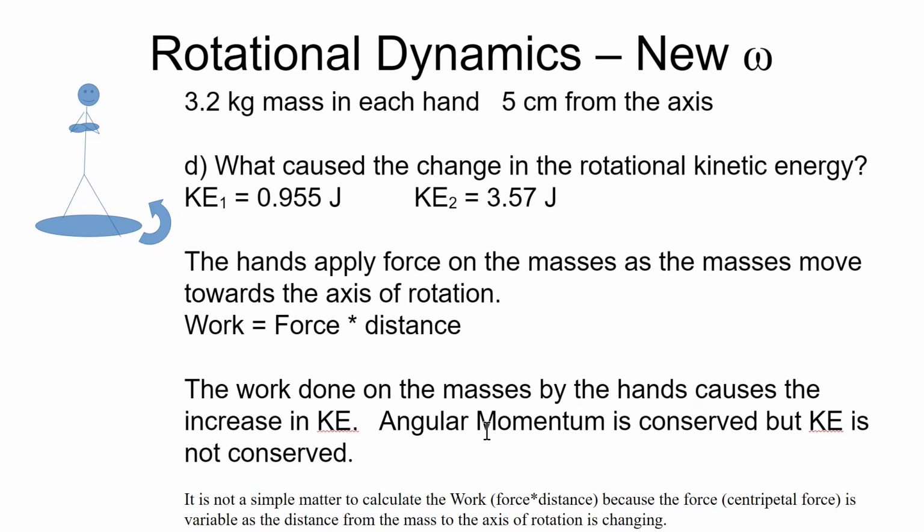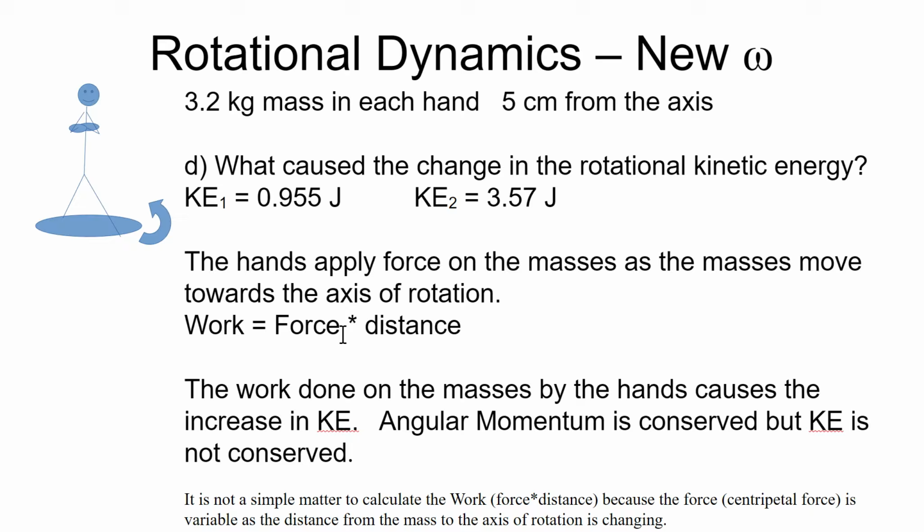Work changes kinetic energy. Why don't I just do a calculation of the centripetal force when the masses are extended and multiply by the distance traveled by the masses inward? We can't do that because the force is not constant, and it's not an easy calculation. The force is variable. The centripetal force is variable.